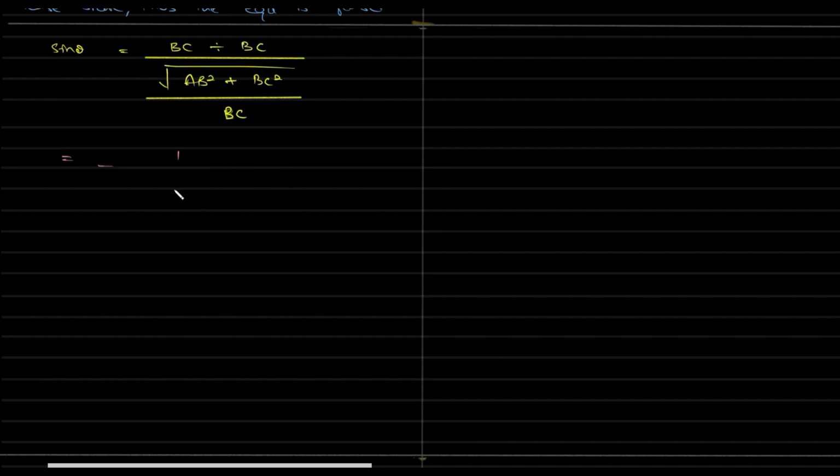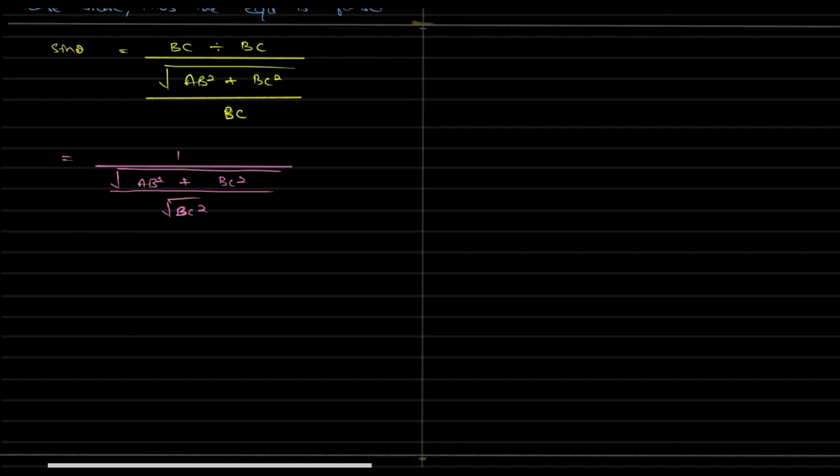I'm going to do something that you might feel is weird, but it's not mathematically weird. This is AB square plus BC square, entire thing under the square root, divided by square root of BC square. So I just wrote BC as square root of BC square. Mathematically, it's the same. You get the same answer.